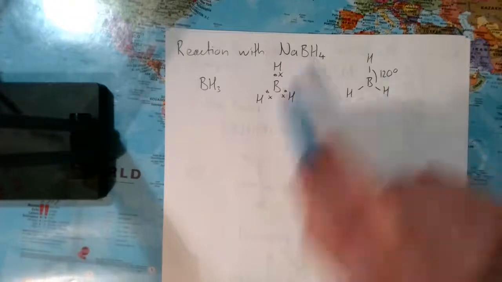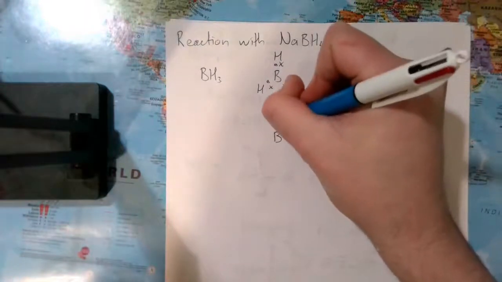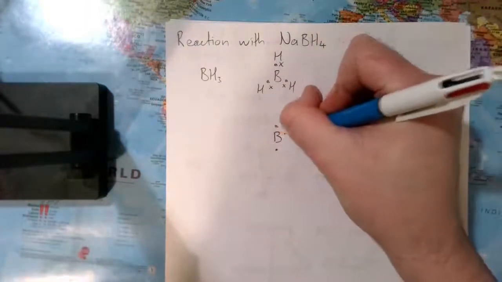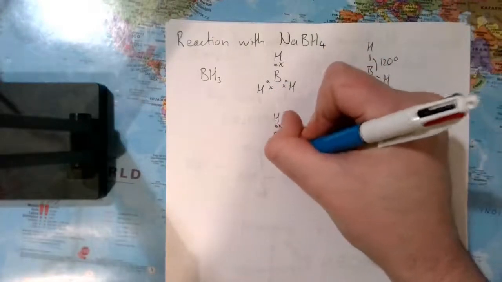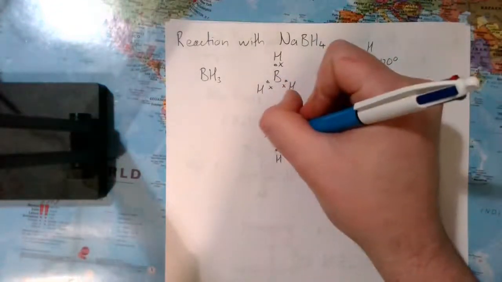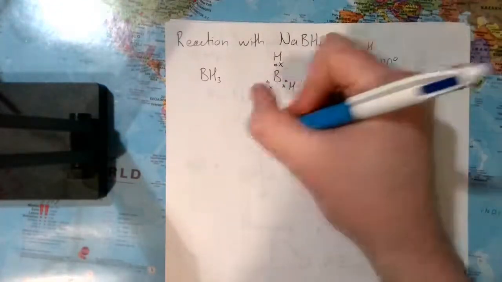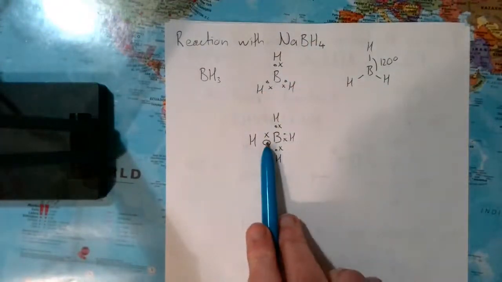But what we can get is this interesting chemical, NaBH4. And the boron would have its 3 outer electrons. The 3 hydrogens that you had previously would form their standard covalent bonds, but then we would have this extra hydrogen here.